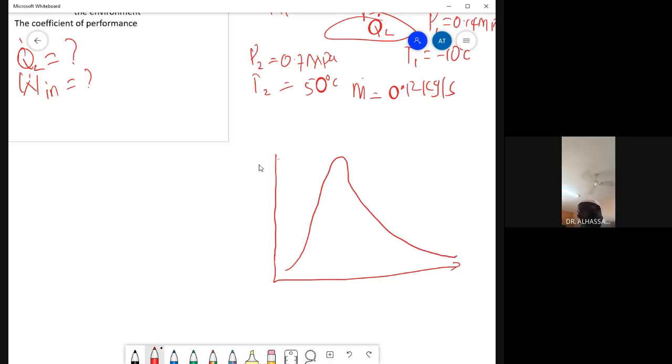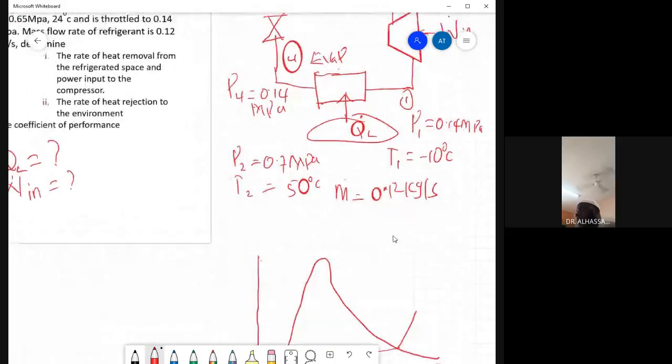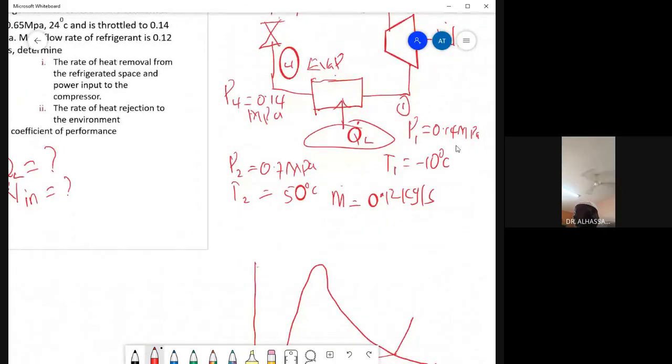Okay, so basically, in every refrigeration cycle, we have the low pressure line, which is given by this. Initially, we are told that the fluid enters the compressor at 0.14 megapascal and minus 10 degrees Celsius.